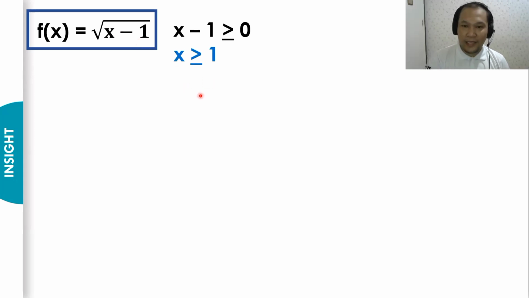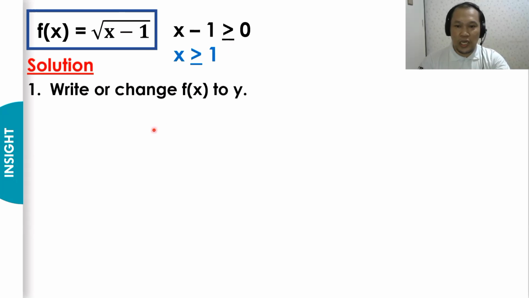Okay? And since we already have our restriction for x, we are going to continue finding the inverse of the given function. Okay, first, change f of x to y, that is, y is equal to the square root of x minus 1.